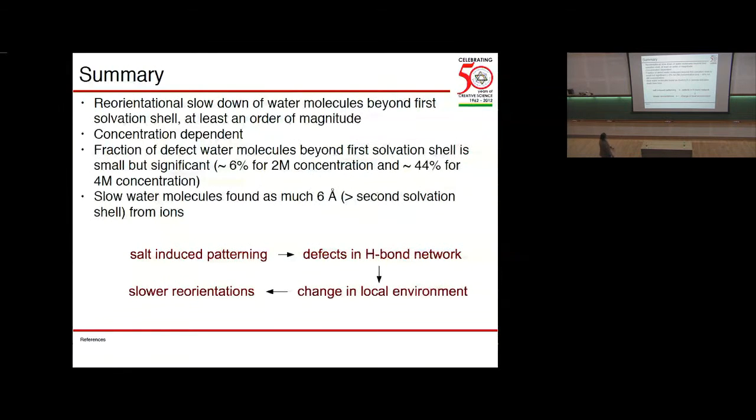So the summary is that this supports the latest experiments that there are water molecules that are found beyond. In fact, we find, I have no results here, but they are in the paper, that these can be found as much as 6 angstroms away from the ions. And the numbers are very, very small.